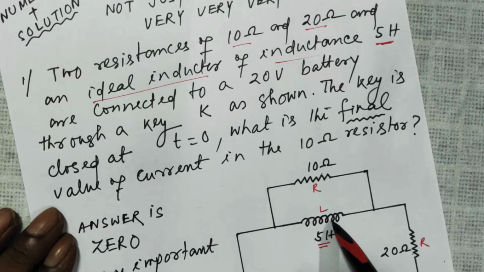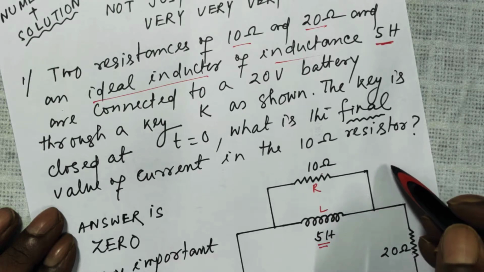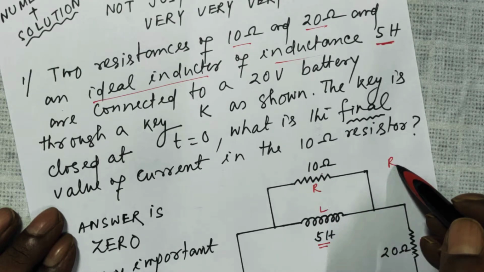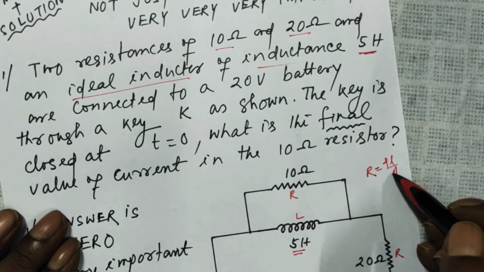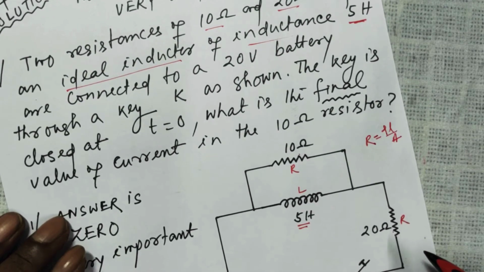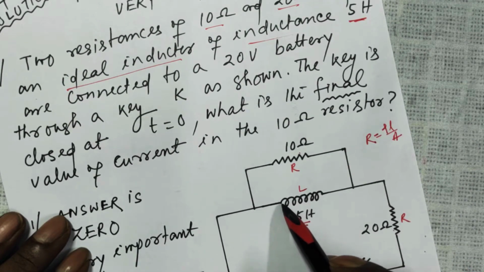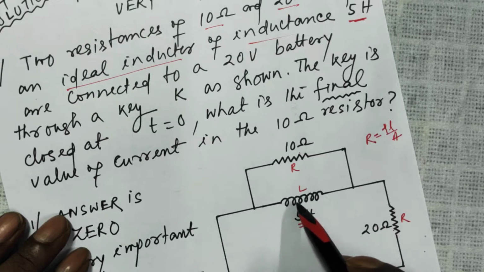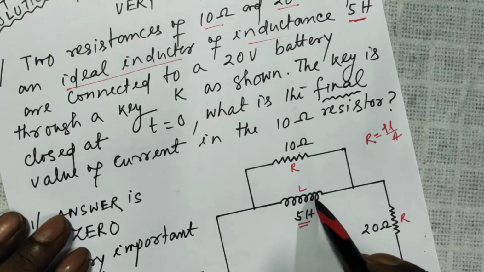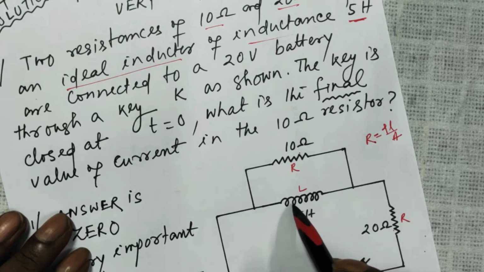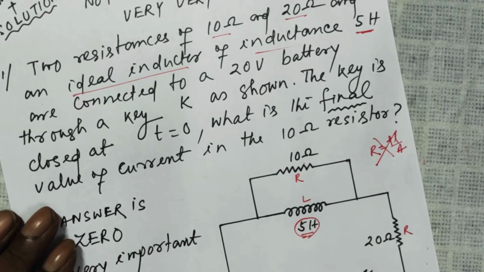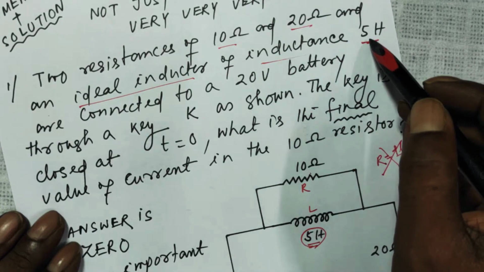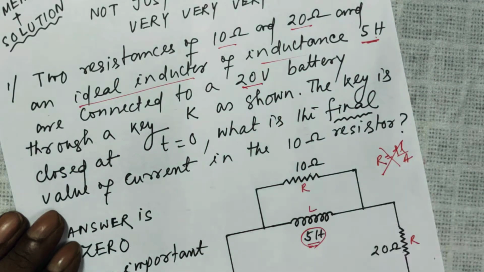When I say ideal, since it is made of a material, it will also have some resistance, which is R equal to rho L over A. But since it is written that it is an ideal inductor, which is of course made of a conducting wire but in the form of a coil, the moment you see in a question that it is an ideal inductor, it has only the inductance, not the resistance part. So the ideal inductor of 5 Henry and the resistors are connected to a 20 volt battery.